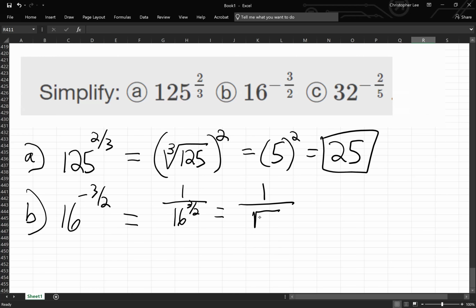The square root and then cube it. Very good. Questions on that? Easy, right? Let's try C.